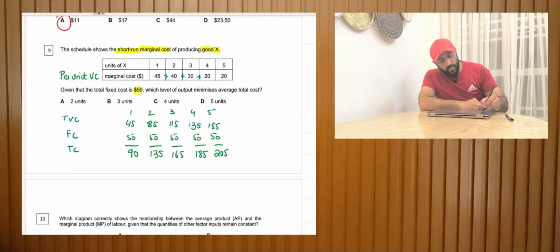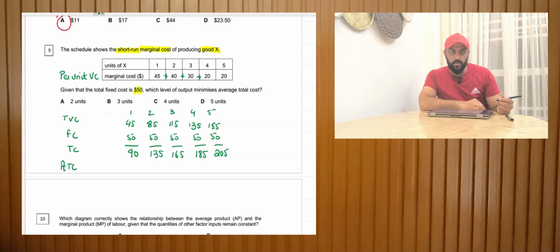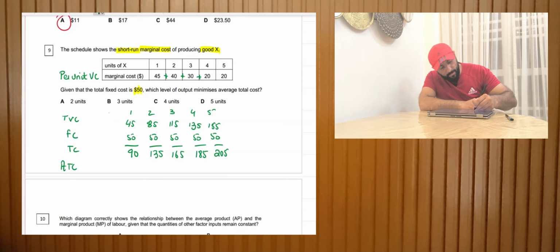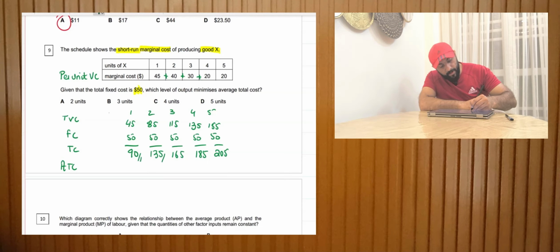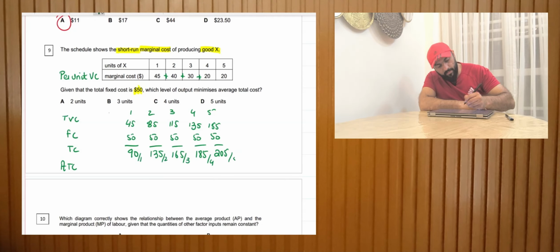And now for the average total cost I just need to divide them by the number of units. Right, so I'll divide 95 by 1, 135 by 2, 165 by 3, 185 by 4, 205 by 5.